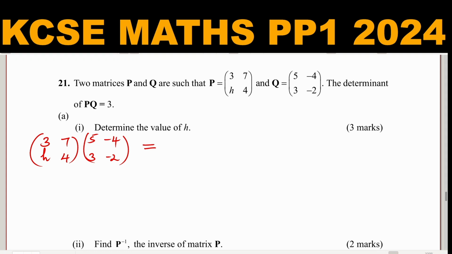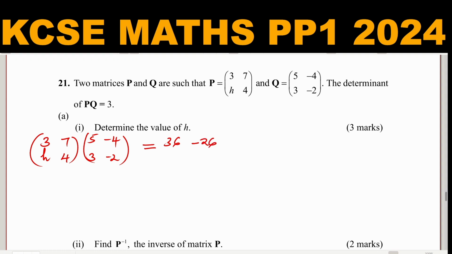So kindly ensure before you solve this question, you are familiar and conversant with the way you are supposed to multiply a 2 by 2 matrix, how you multiply the rows and the columns. For the first row, first column, these matrices are compatible, you get 36. First row, second column, 3 times -4 plus 7 times -2, you get -26.